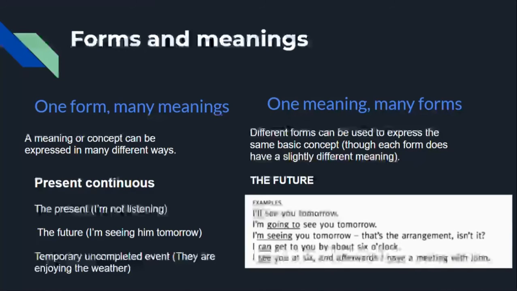On the other hand, we have one meaning that can be expressed by many forms, though they could have a slightly different meaning, but not that much. Here the meaning we want to express is the future, and we use many forms: future, present progressive, and going to.